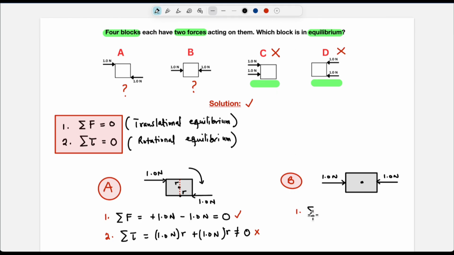The net force must be 0. So in this case, what is the net force? We have 1 newton to the right, which is plus 1.0 newton. And then we have minus to the left, so minus 1.0 newton, and that is equal to 0. And that is in translational equilibrium.